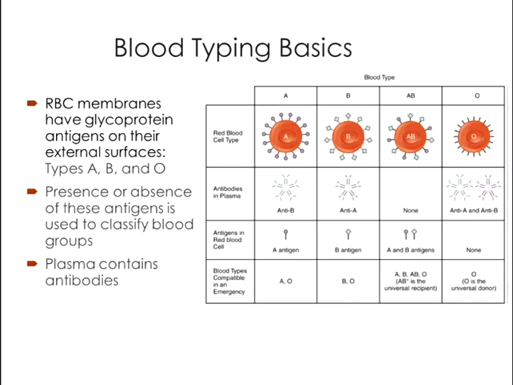Now, the other thing that's important is, as these red blood cells develop, these antibodies also are released and developed. So you don't have to have previous exposure to B blood type or AB blood type in order to secrete anti-B antibodies.